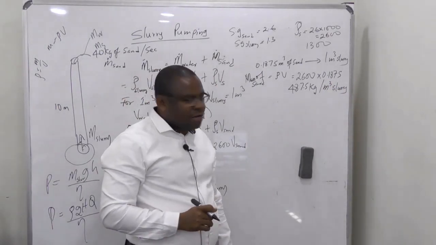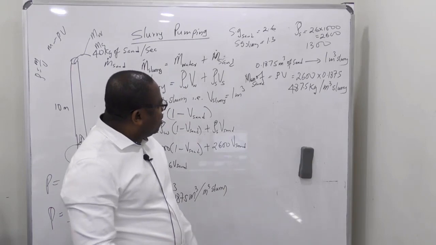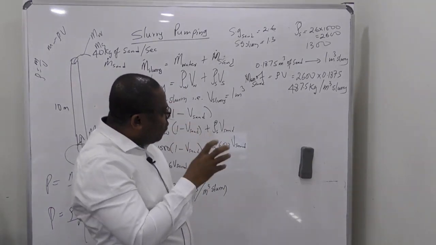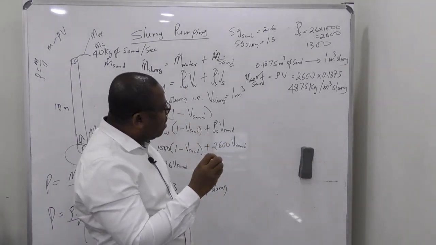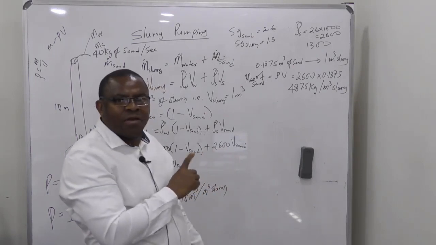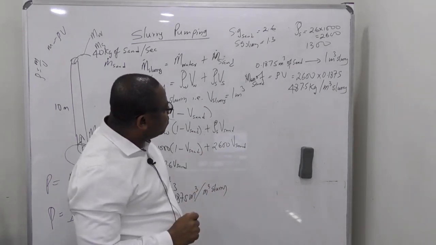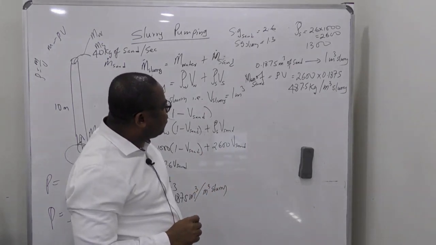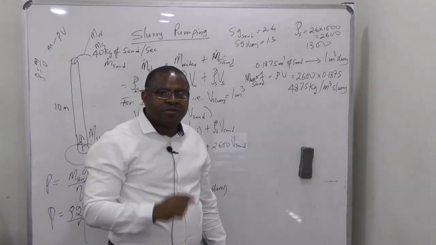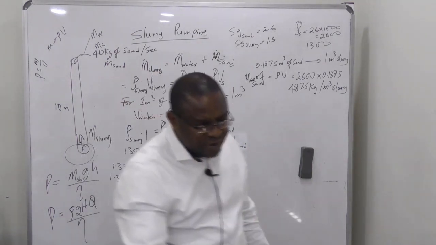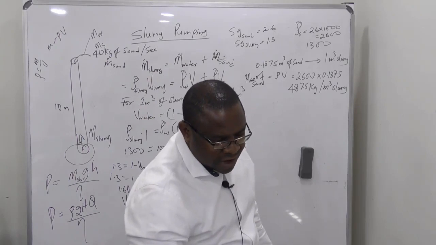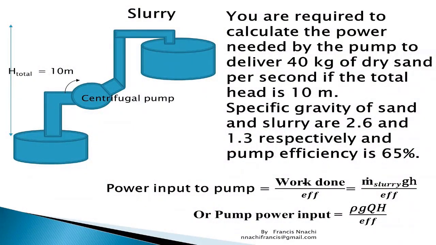Okay, so for 1 meter cube of slurry, you will be able to get about 487.5 kilogram of sand. But if you check the equation, what is being pumped is we want to deliver 40 kilogram of dry sand.